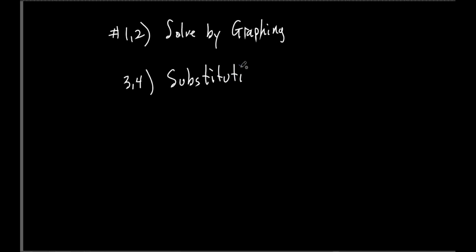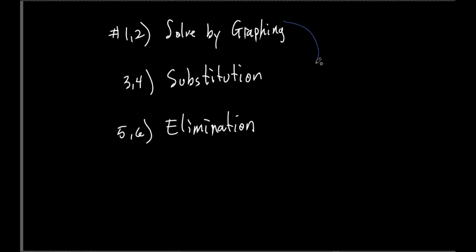Remember, this is the one with 2 variables. The first 6 of them are 2 variables. There are 4 of the 3 variable problems. Everybody got that? So 5 and 6 solved by what? Elimination. Again, these are all 2 variables.